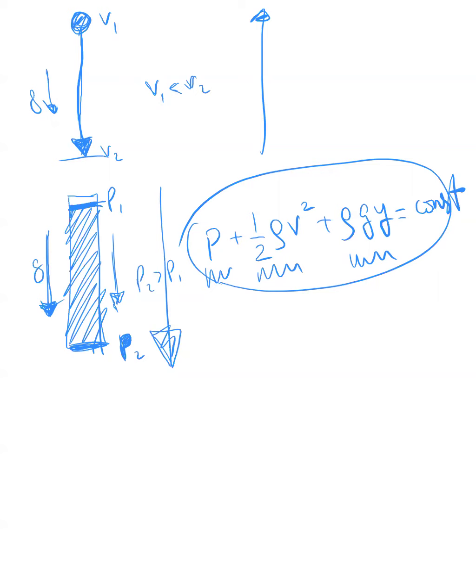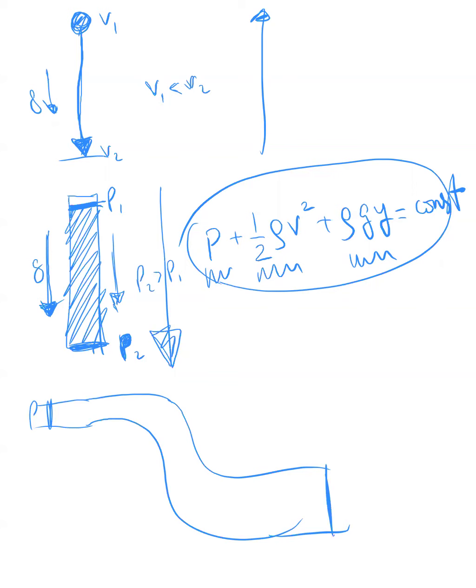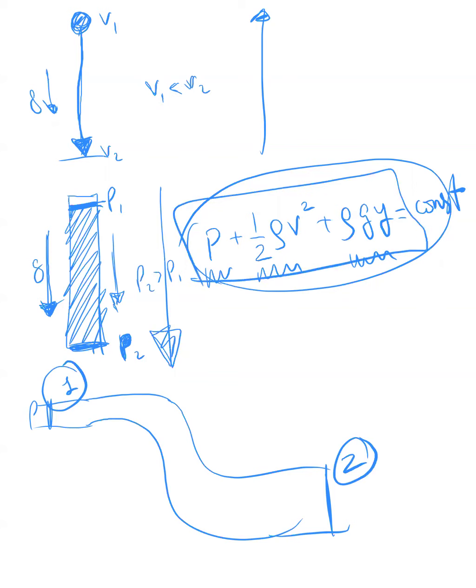Or in other words, if you have some sort of a flow where your velocity changes and your elevation also changes, and you have different pressures applied here and here, then let's say this is point 1 and this is point 2, then this combination, P1 plus 1/2 rho V1 squared plus rho g y1 will have exactly the same numerical value at point 1 and point 2.